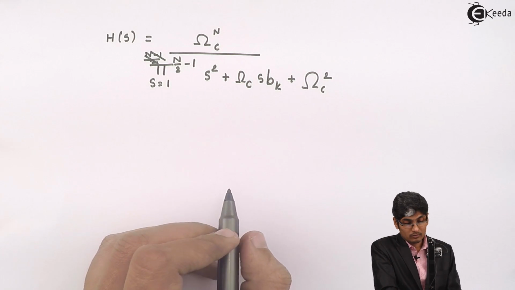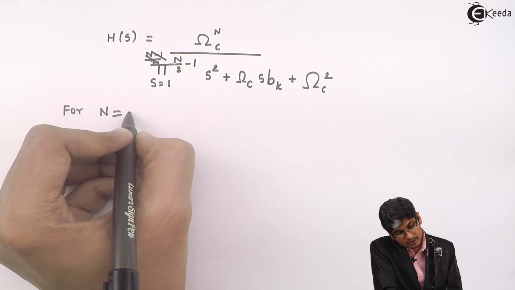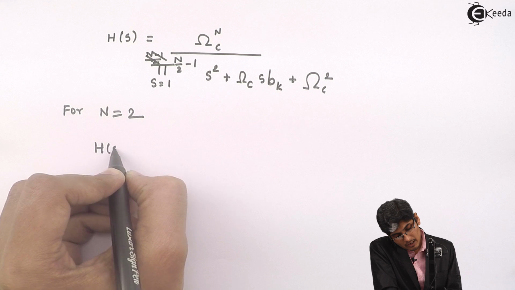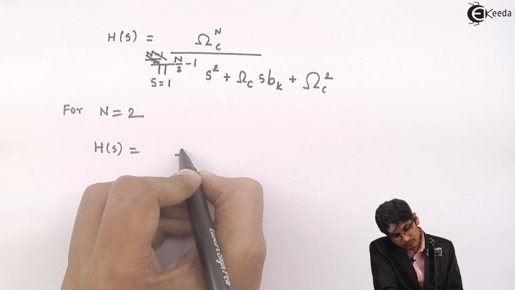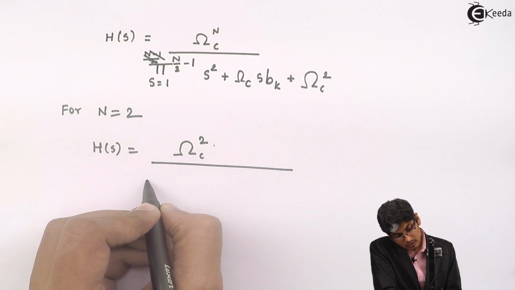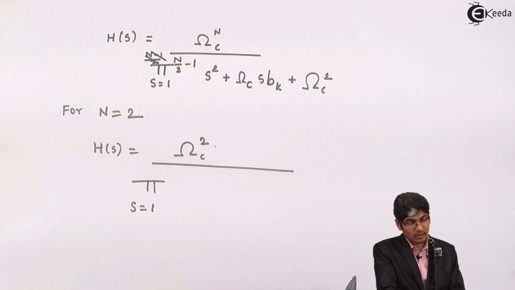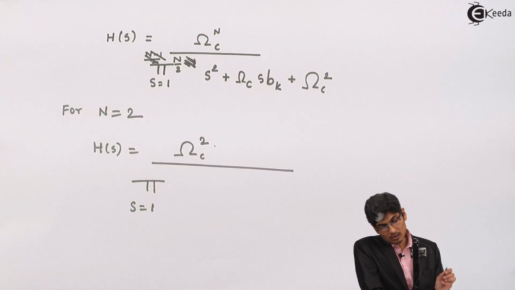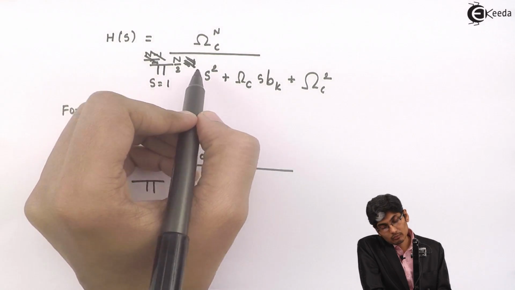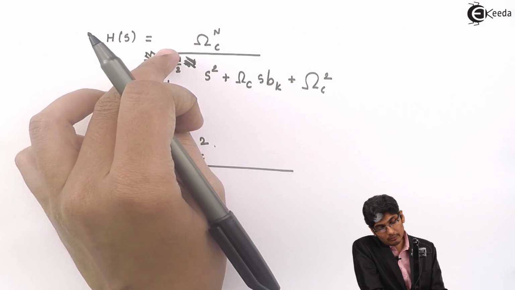Now for our case, for n is equal to 2, H of S will be equal to omega c raised to 2 divided by, now the continued product will be S equal to 1 to n by 2 minus 1. Now this should not be n by 2 minus 1 because the number of poles that we will have is 2. So it will be n by 2.